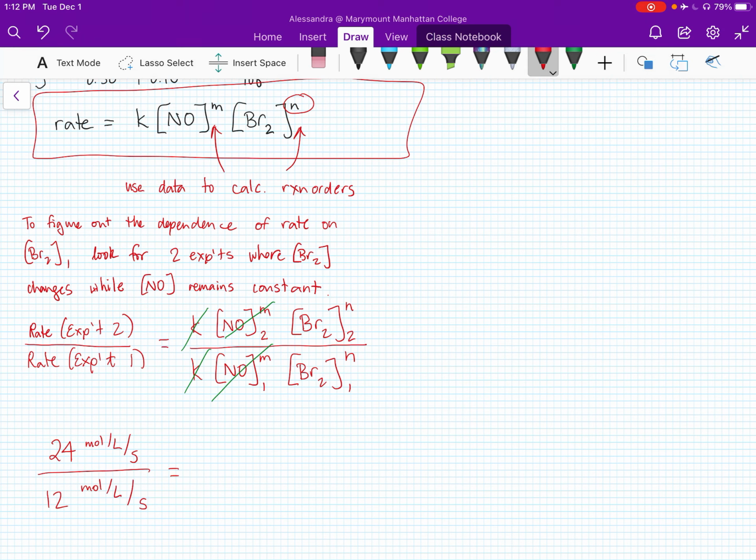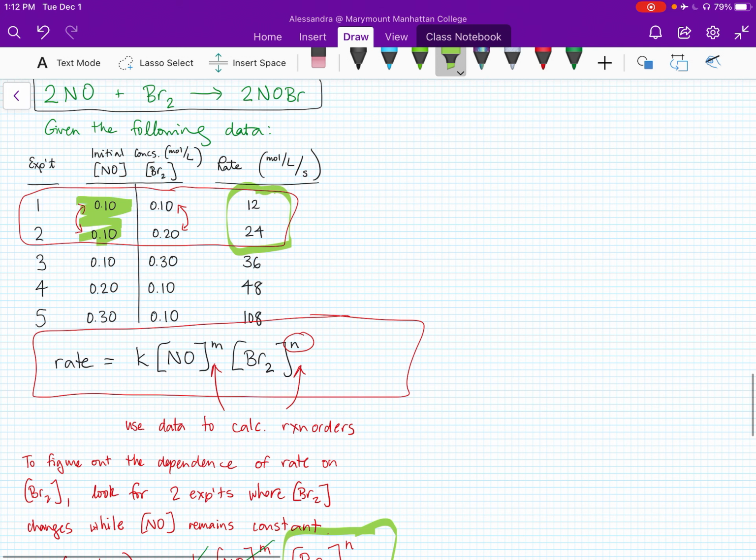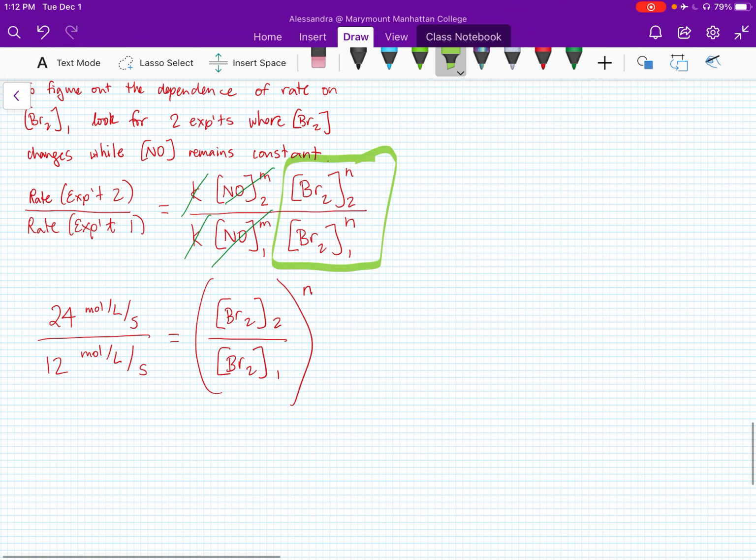And that's going to be equal to the bromine concentration in experiment 2 over the bromine concentration in experiment 1, both raised to the power of N. So I can put this whole thing in parentheses and raise it to the power of N. That last bit I got just from this after canceling out the other stuff. And I have the actual values for the bromine concentration here in my table, 0.1 and 0.2 molar respectively.